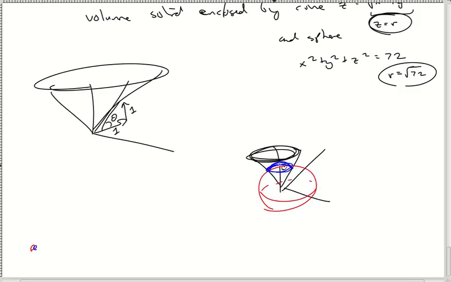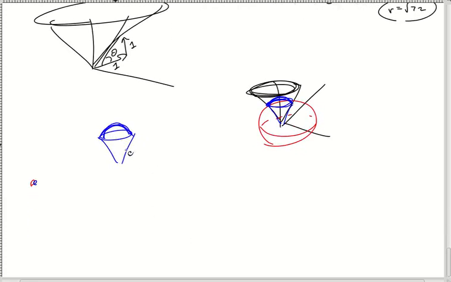There's part of the sphere dome still in there, and then it's going to come down like this. What you're honestly getting is something that looks like an ice cream cone. So we're trying to find the volume of the ice cream, the cone, and the ice cream on the top, basically.